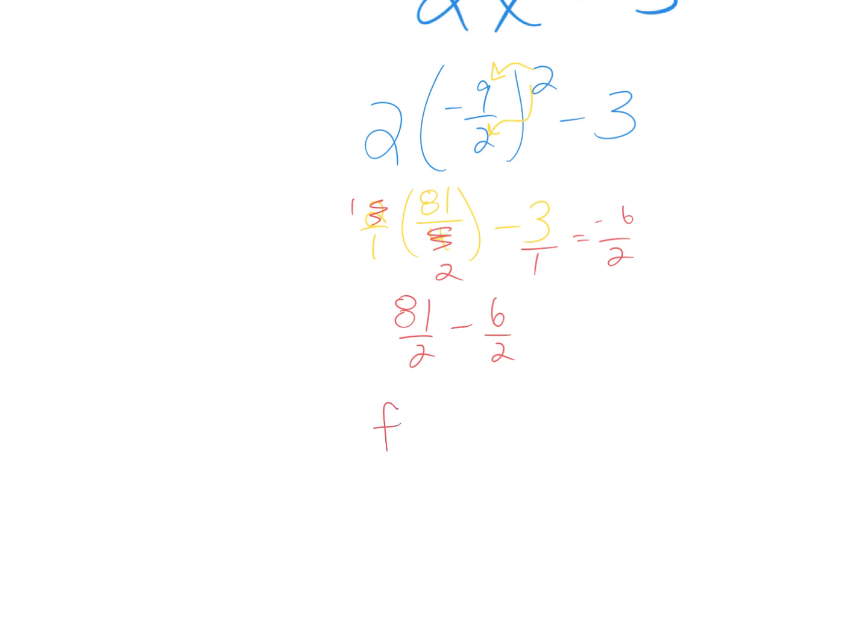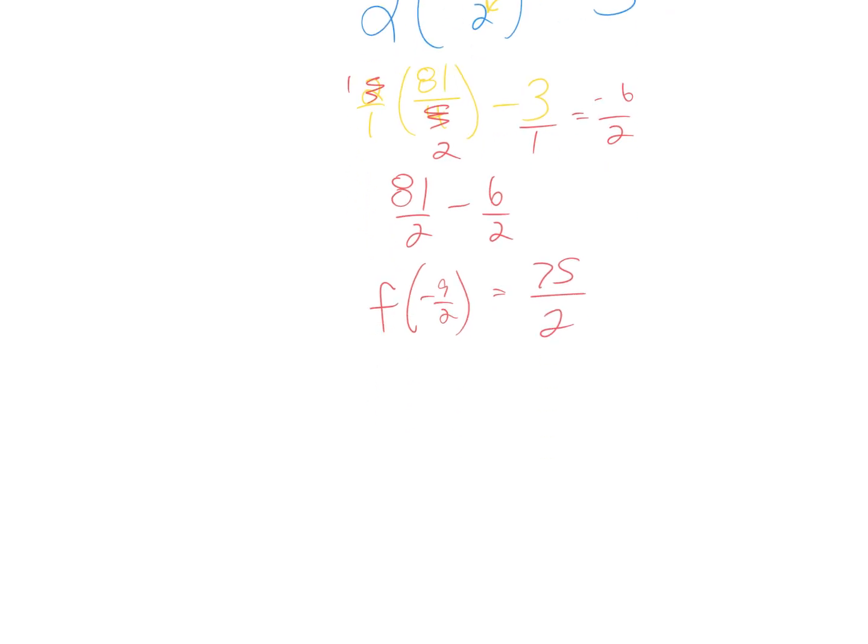So I say f of negative 9 over 2, when I plug in x equals negative 9 over 2, I get out 75 over 2. What you guys just found was the point negative 9 over 2, 75 over 2. That point would be on that graph. That's what that's saying.